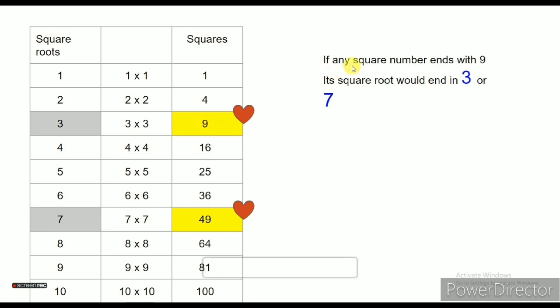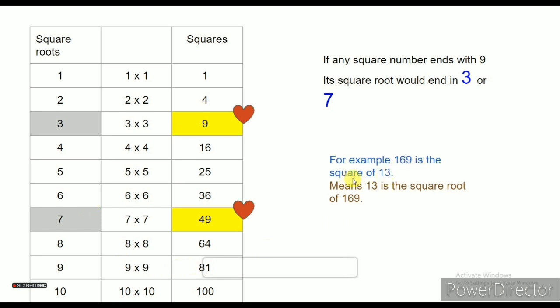Observing the third column, we got that if any square number ends with 9, its square root will end in 3 or 7.